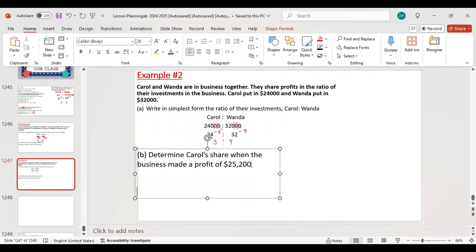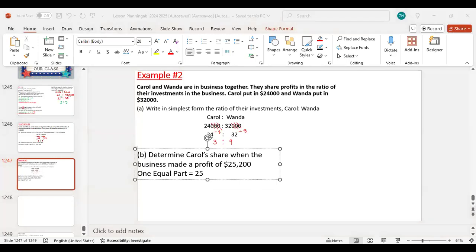So we have to find one equal part, right? Now the profit is the total, right? So one equal part is going to be equal to what? 25,200 divided by what? 7.